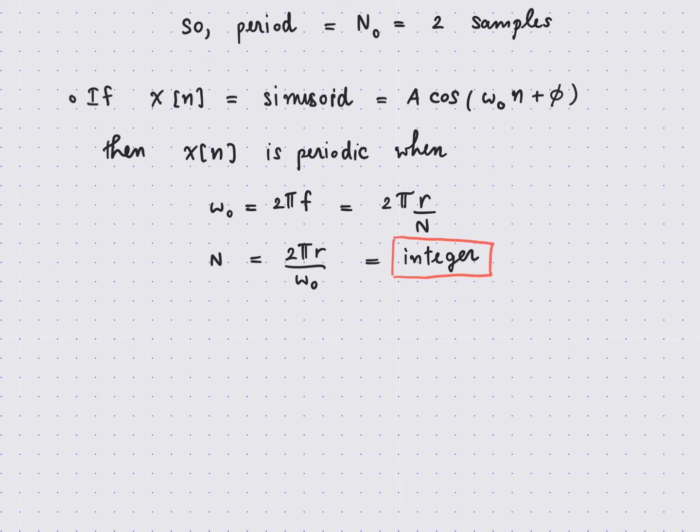So what is the value of r? The smallest possible value of r will create n naught. If you have the minimum ratio r over n, then r is just some integer as well. So in short, if omega naught is equal to 2 pi times r over n, then x[n] is periodic.